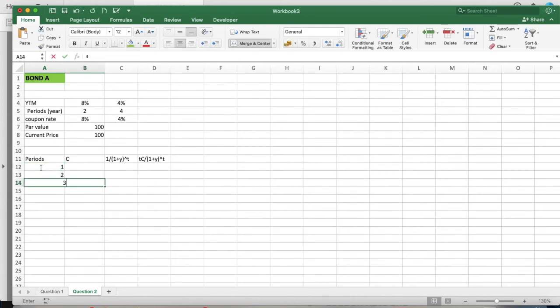So we have, don't forget, 3 periods here, and 4 periods. Don't forget, the coupon payment is equal to the coupon rate times the par value, which is 4, and this amount will remain constant.